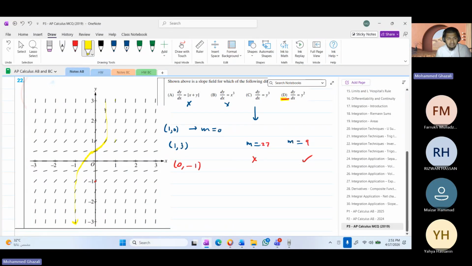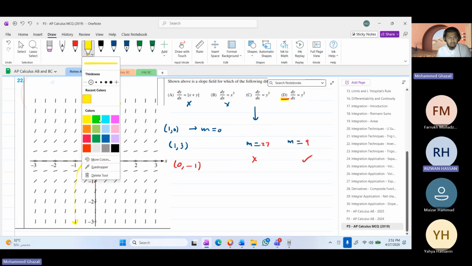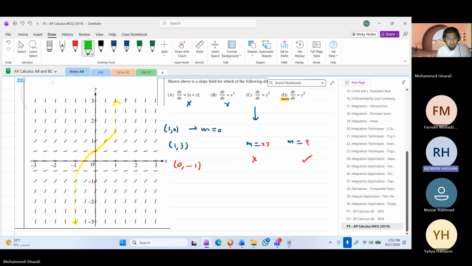If I have to solve this differential equation, I will probably get a cubic function. Remember, this is the function before we differentiated, the original function. It's a cubic function, so when we differentiate it, it's going to be a squared function. So your slope fields are basically square functions, correct?